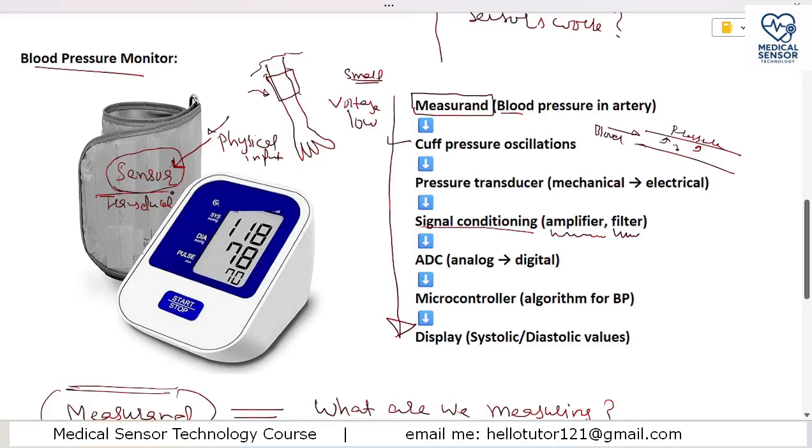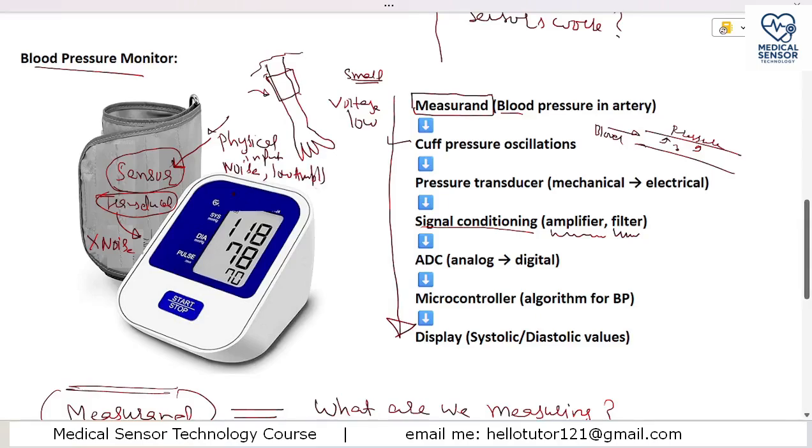So from the transducer we got no noise, or little noise, depending on the quality of the transducer. Let us assume ideally no noise in the output. This physical input was with noise and low amplitude, or low voltage.